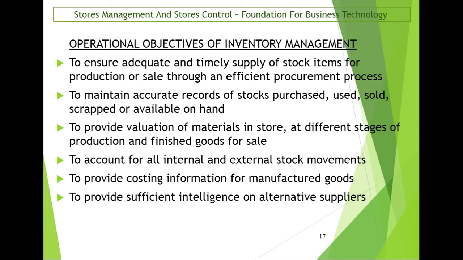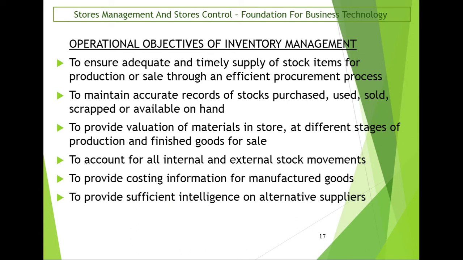Later on, we are going to be talking about bill of quantities or bill of materials, which is a recipe of how a finished product is made. So it is from that bill of quantities that you are able to calculate the unit cost of producing any manufactured product.